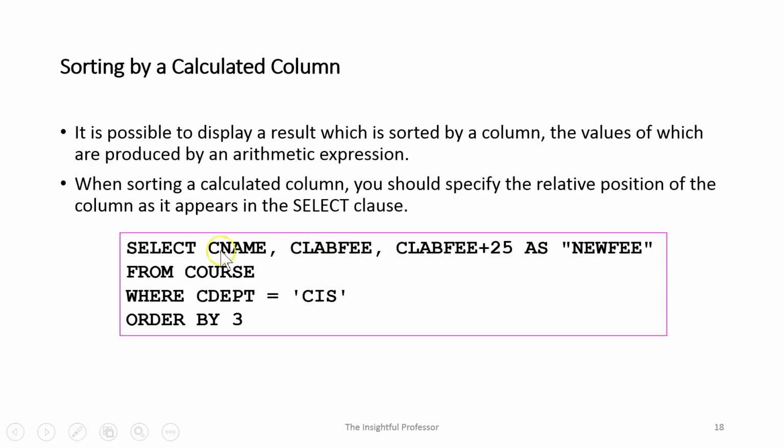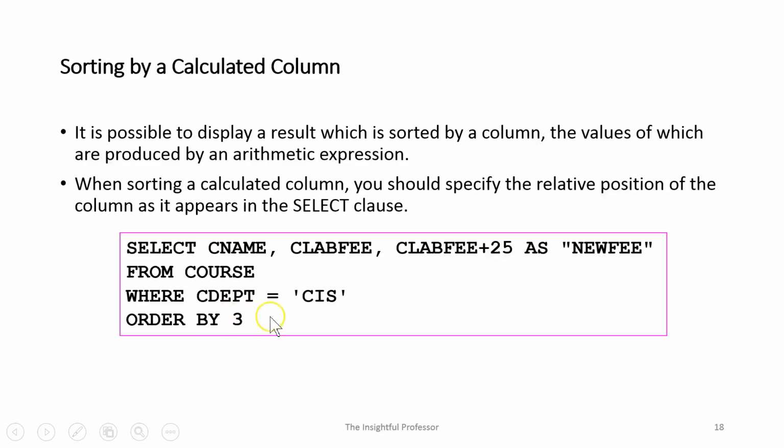But remember, you don't necessarily have to retrieve the column that you use within the expression. Suppose I retrieve the name and then the lab fee plus 25, but did not retrieve lab fee by itself. Then I wouldn't have the luxury of referring back to this column. So here I have a few different ways that I can identify the column for imposing an order.